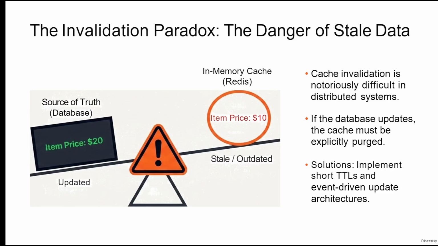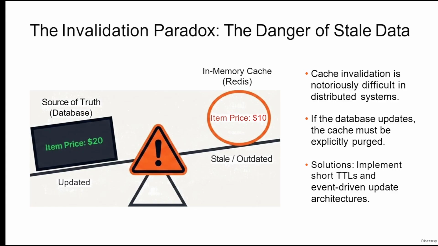The invalidation paradox: the danger of stale data. Now, what do I exactly mean by stale? Something which is of no use, or something which has already satisfied its objective in the sense of technology, right?